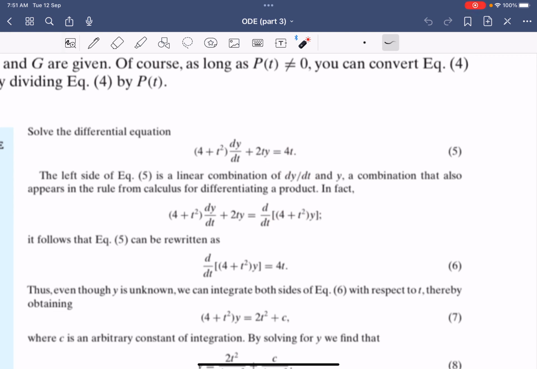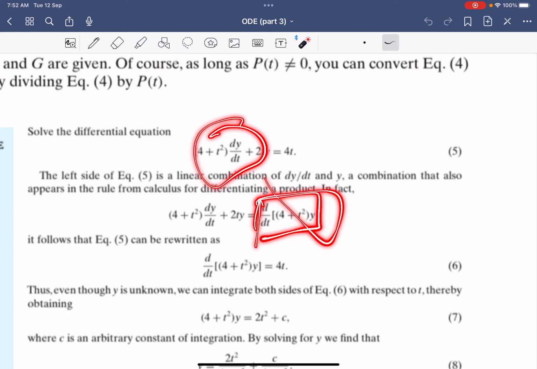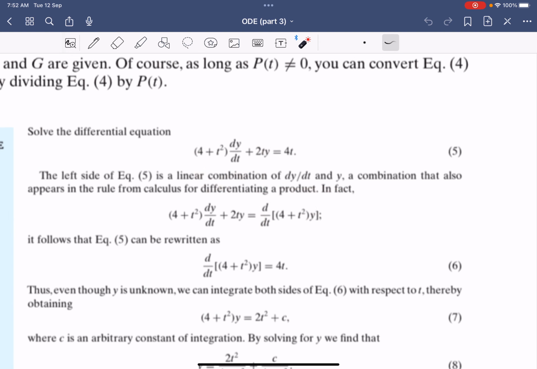That's what you need to recognize, because you differentiate 4 plus t squared, you get 2t. So you can rewrite this whole part as one derivative, and when you integrate with respect to t, it gets cancelled out, so you're only left with this function.